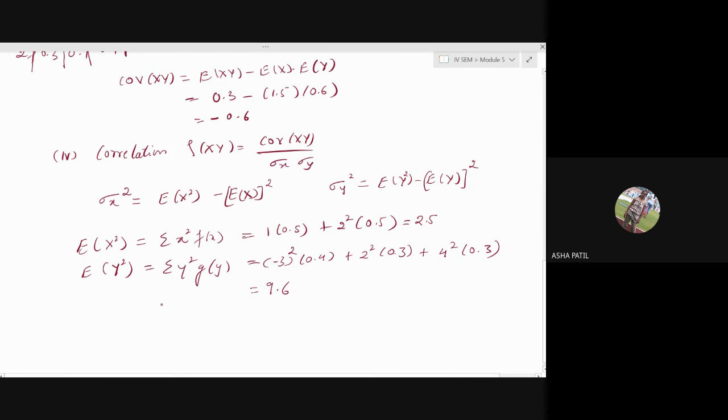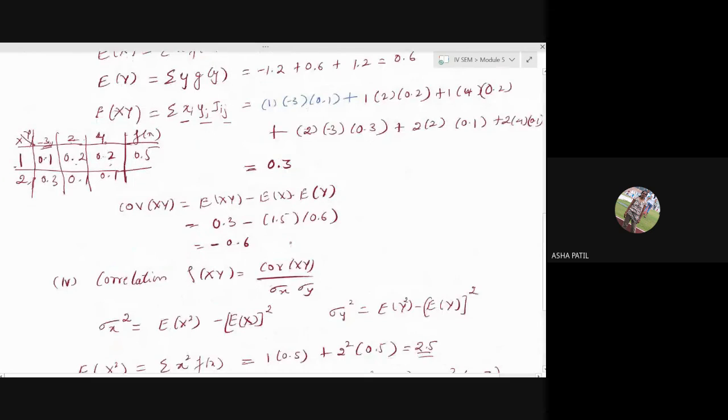Now go for your sigma x square: expectation of x square minus expectation of x whole square. Expectation of x square is 2.5.